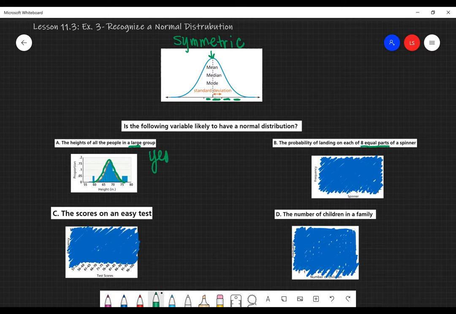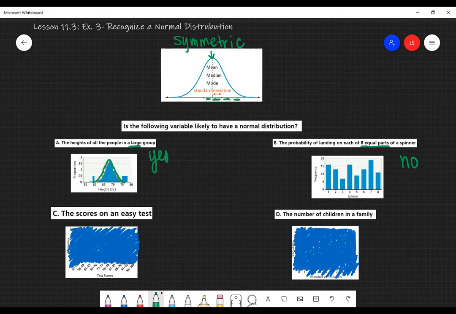So each piece being equal has an equal chance of it landing on that spot. So when we look at the frequencies, we find that there's really no distribution here, normal or skewed. It's just all over the place because we have 8 parts that could all equally be landed on. So no, that's not likely to have a normal distribution.